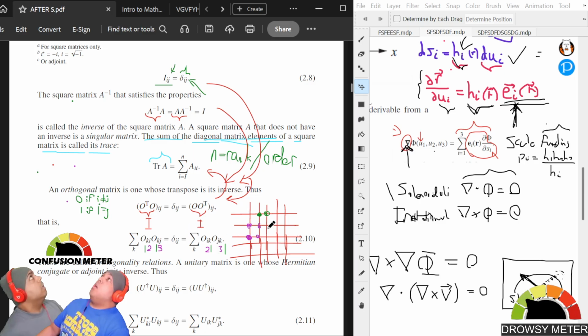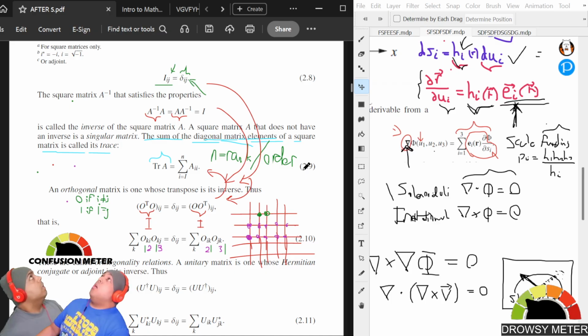This times this plus this times this. We're summing up the product of this, and that should be equal for some reason.